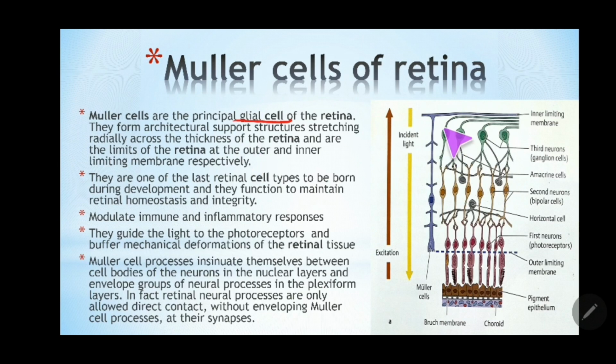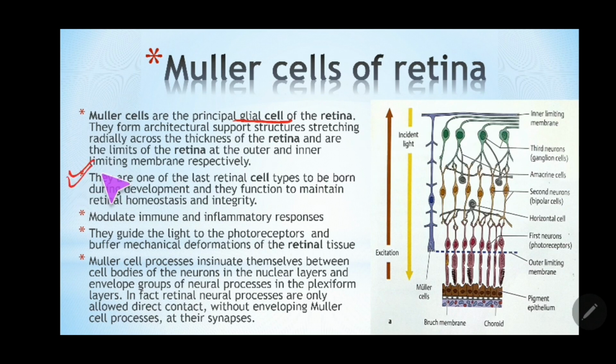So you can say that they are stretching radially across the thickness of the retina, and the limits of the retina at the outer and inner limiting membrane respectively.